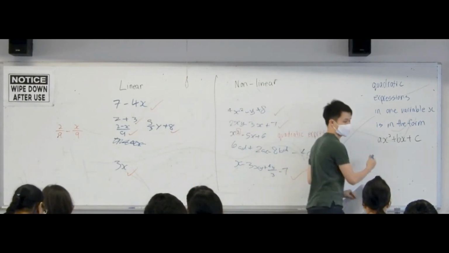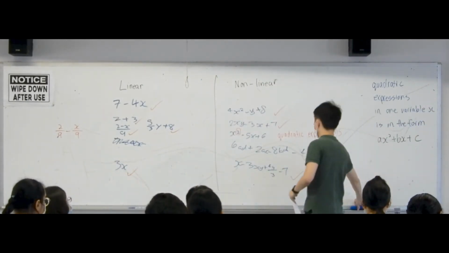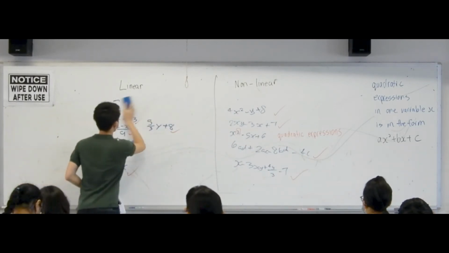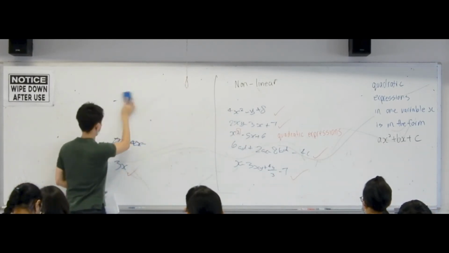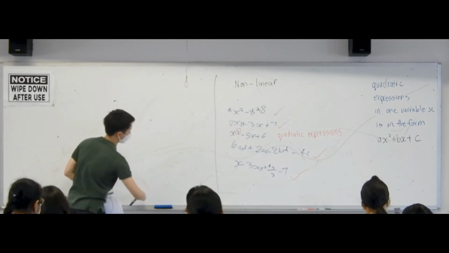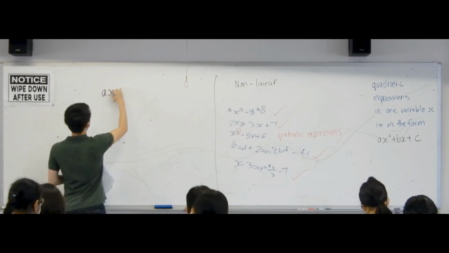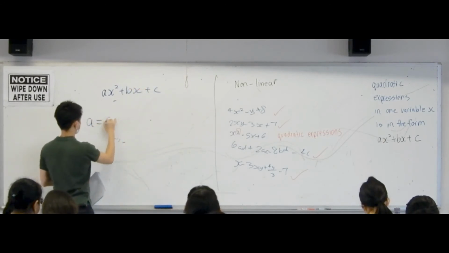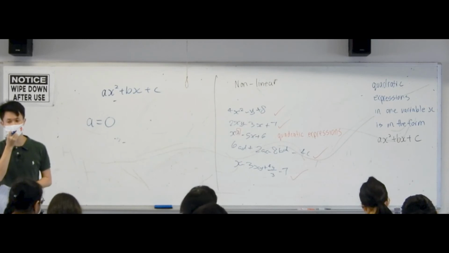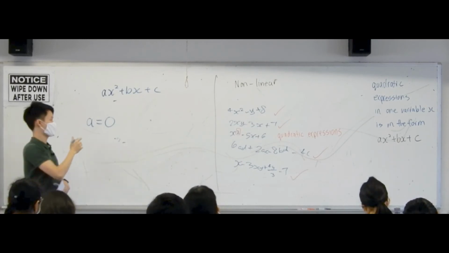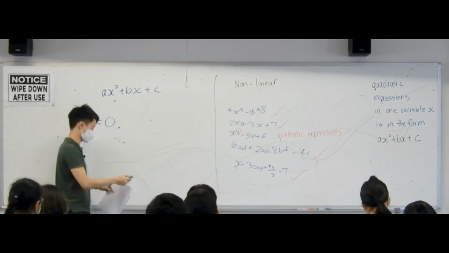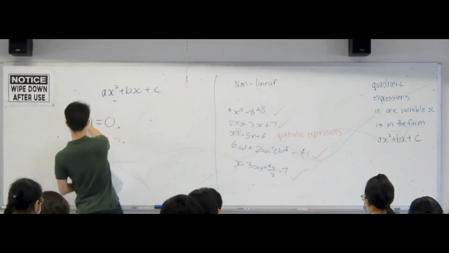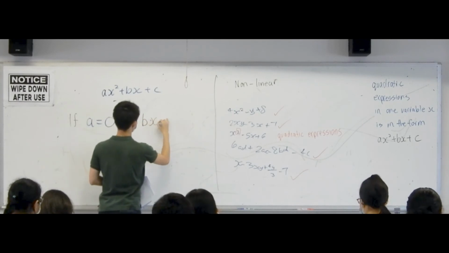Okay, what happens if a equals 0? Okay, let me erase the linear one. I don't need the linear one. What happens for ax squared plus bx plus c, and I have a equals 0? What will the quadratic expression become? It will simply become bx plus c, right?